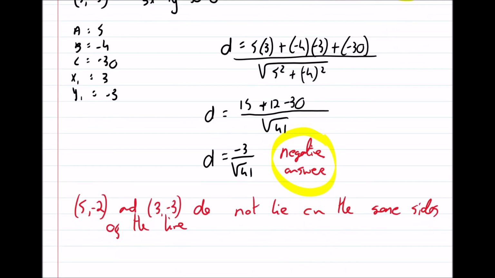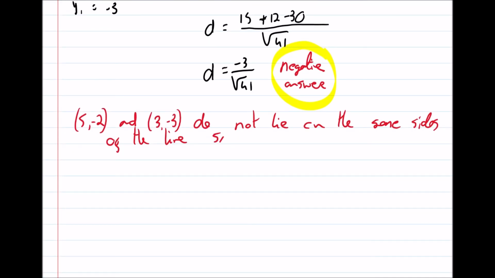What was the line? 5x minus 4y minus 30 equals 0. So what it means is one point lies on this side, the other lies on the other side. Okay, thank you.